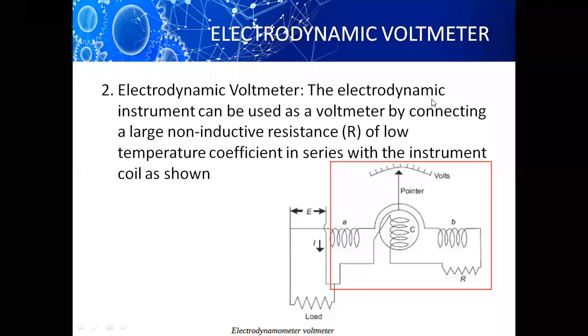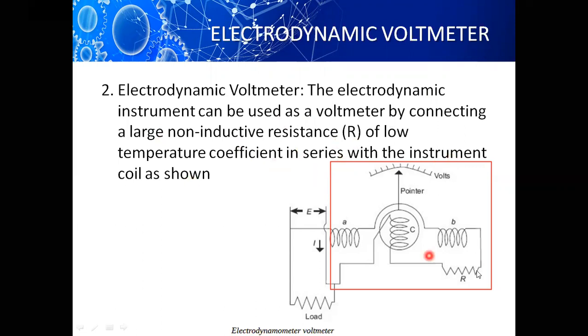The electrodynamic instrument can be used as a voltmeter by connecting a large non-inductive resistance R of low temperature coefficient in series with the instrument coil, as shown.